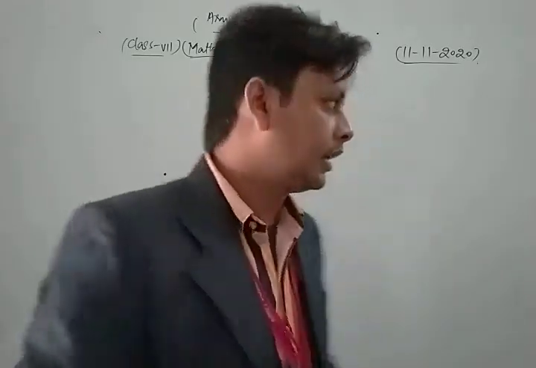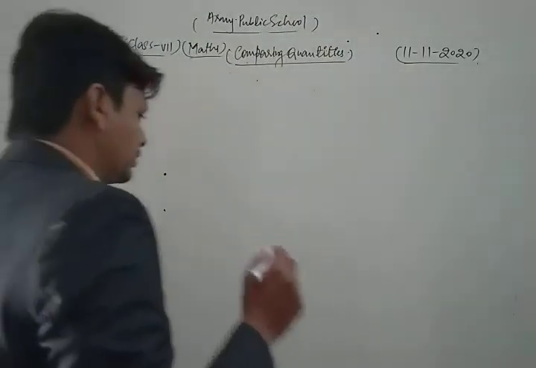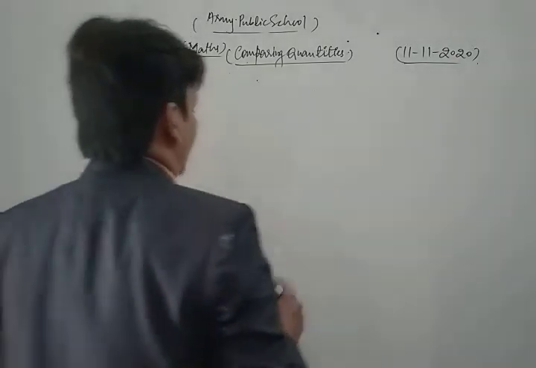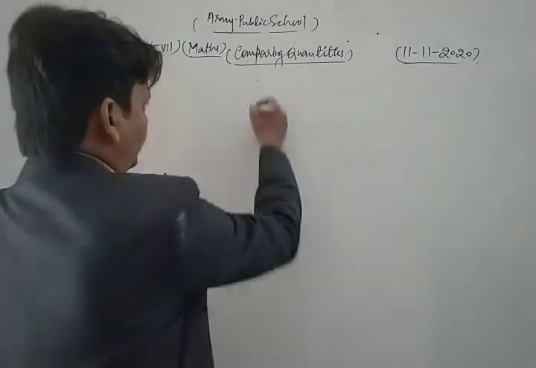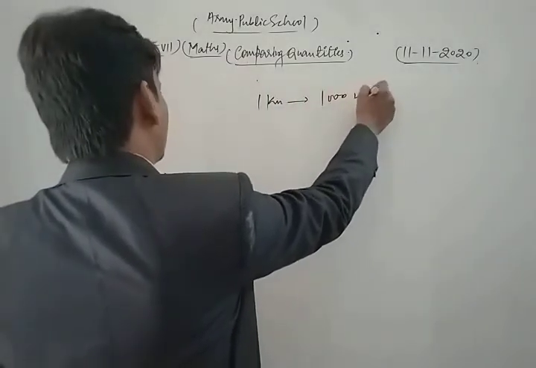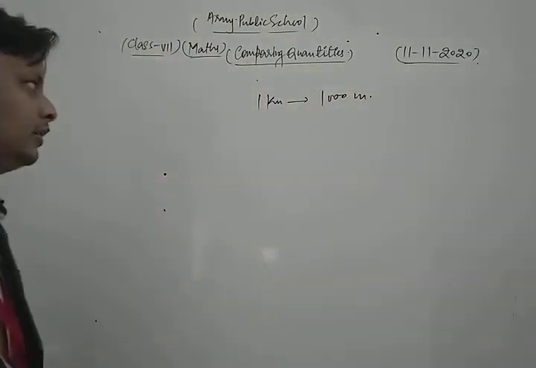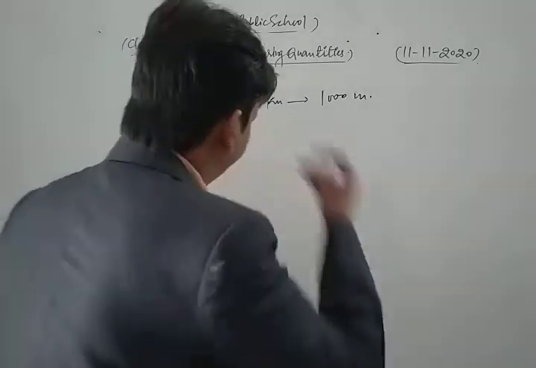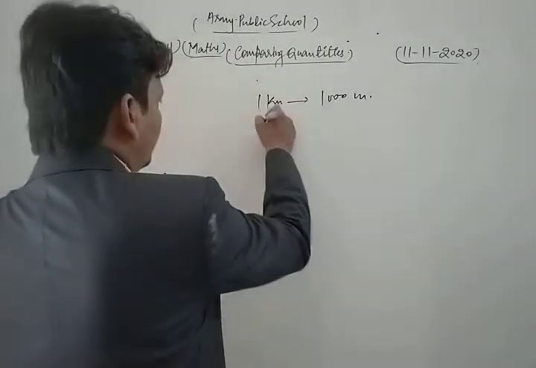Okay, so let's see. First of all, how many meters are in 1 kilometer? You know that in 1 kilometer there are 1000 meters. Okay, now how many grams in 1 kilogram?